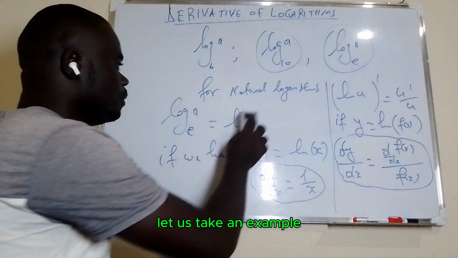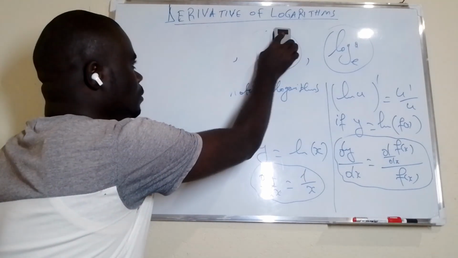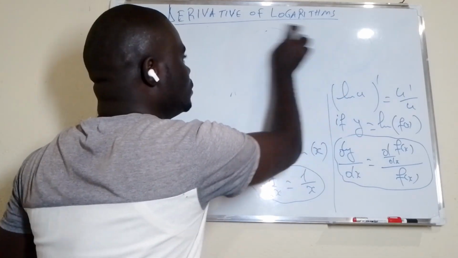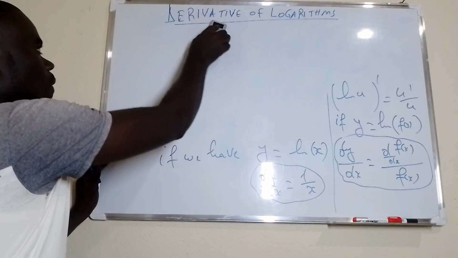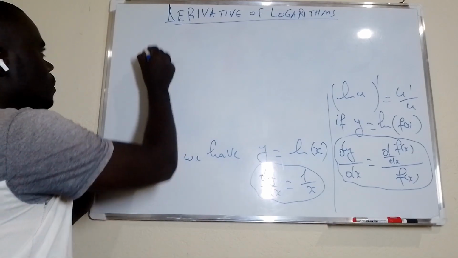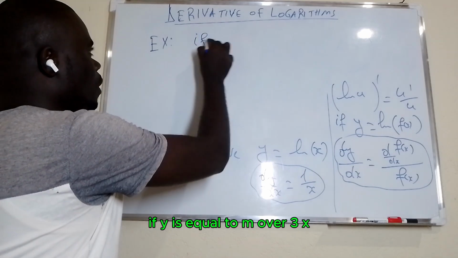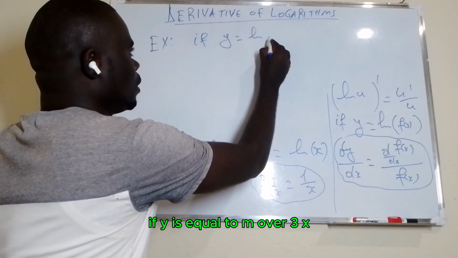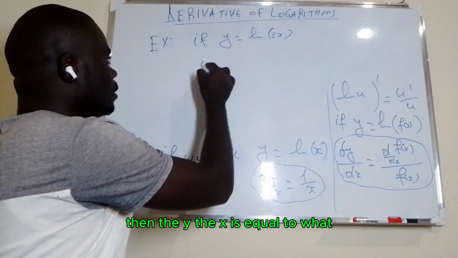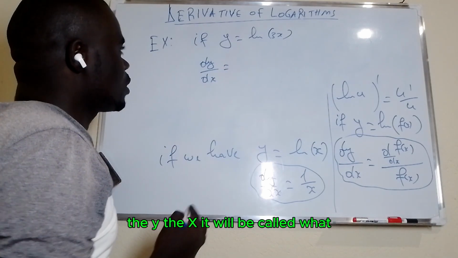Let us take an example. If y is equal to ln of 3x, then what is dy/dx?